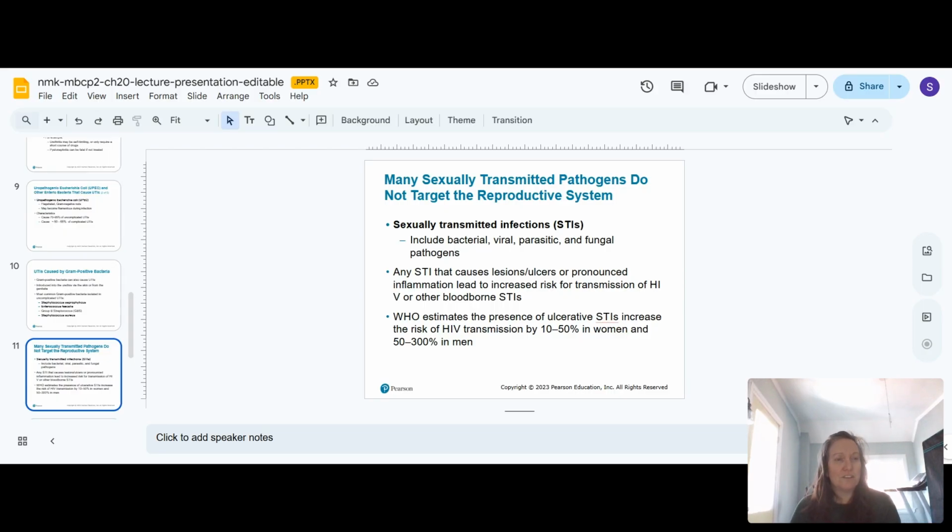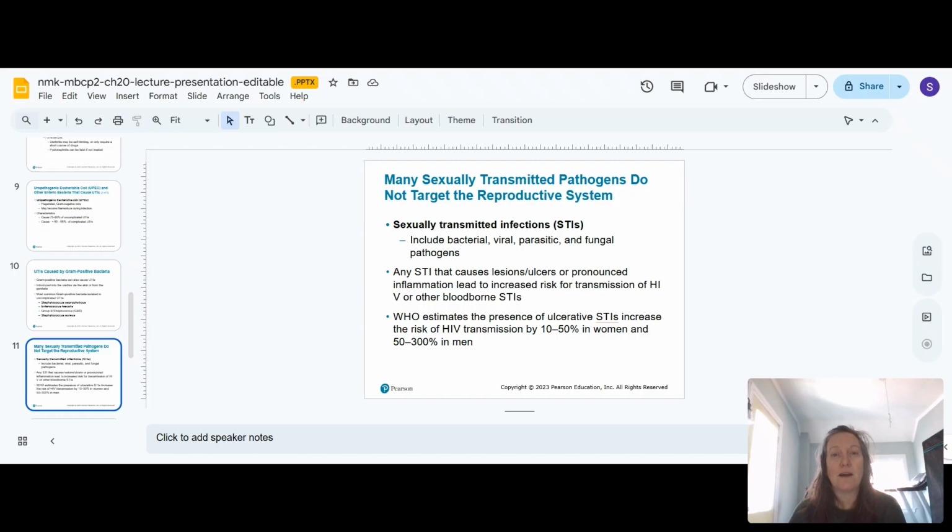Okay, so just a little bit about some other STIs. Many sexually transmitted pathogens don't target the reproductive system specifically. So STIs include bacterial, viral, parasitic, and fungal pathogens. And any STI that causes lesions or ulcers or pronounced inflammation can lead to an increased risk for transmission of HIV or bloodborne STIs.